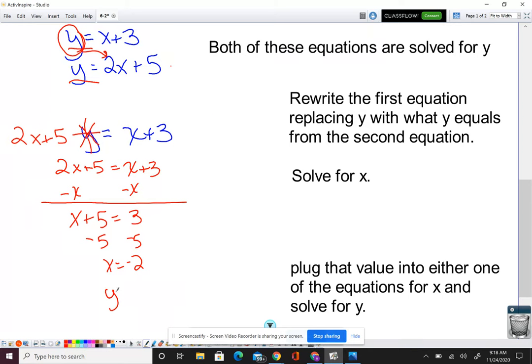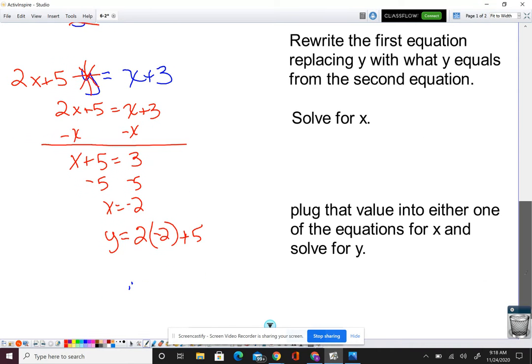So y equals 2 times -2 plus 5. 2 times -2 is -4, plus 5. So y is equal to 1. So our point of intersection is (-2, 1).